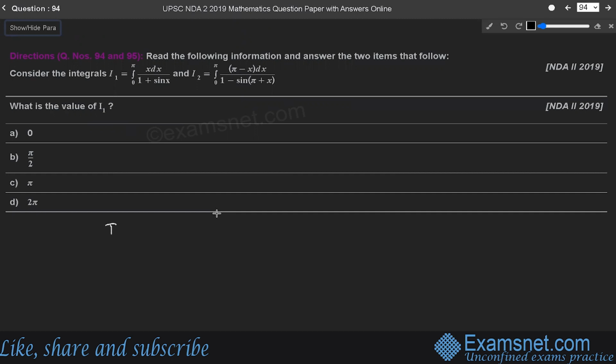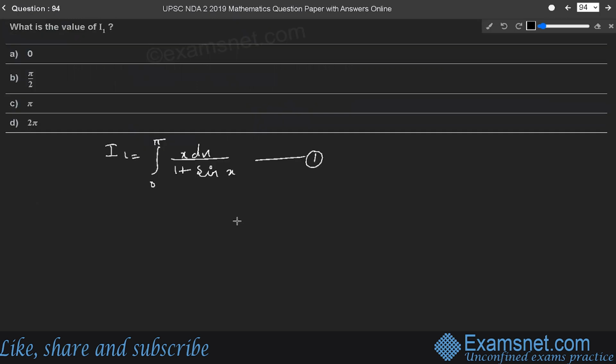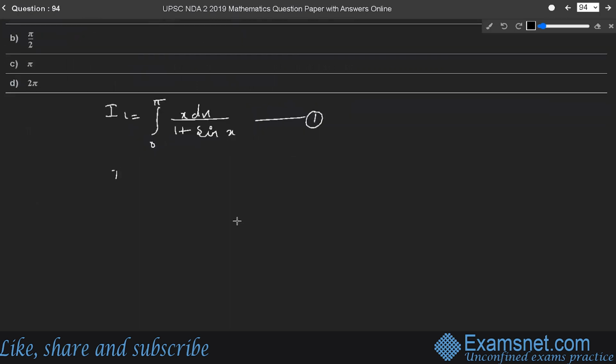So here I1 is given, which is equal to integral of 0 to pi x dx upon 1 plus sin x. Let this be equation number 1. Now it can also be written as I1 is equal to integral of 0 to pi minus x divided by 1 plus sin pi minus x dx.